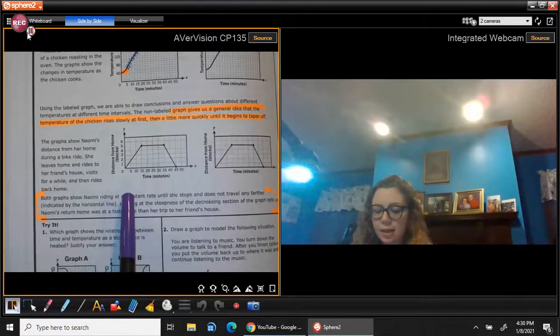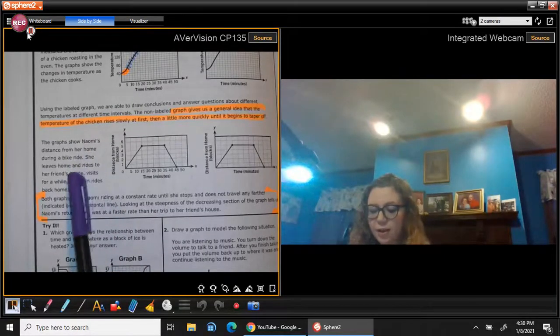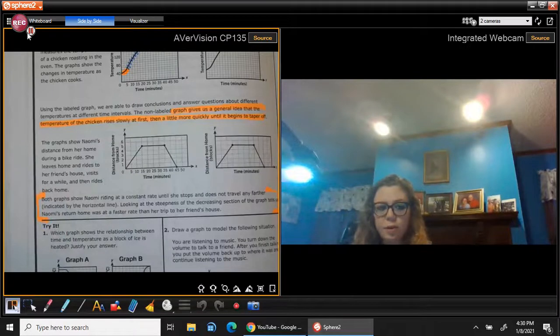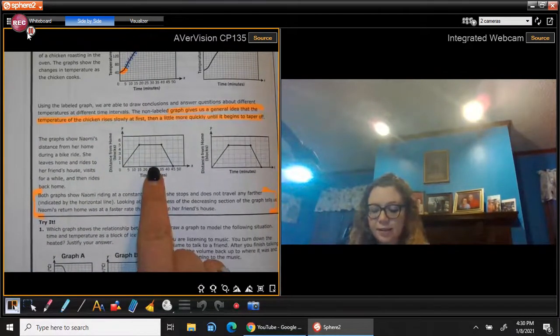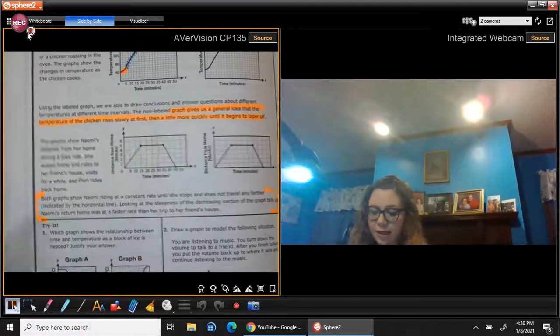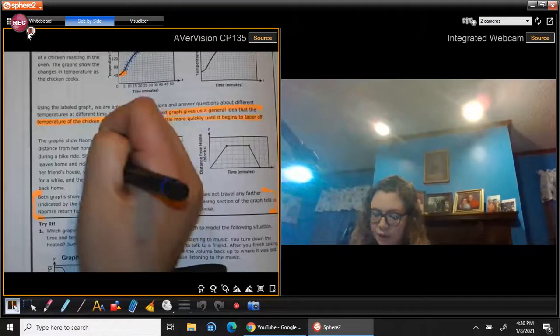So the second example: the graph shows Naomi's distance from her home during a bike ride. She leaves home and rides to her friend's house, visits for a while, and then rides back home. So we're going to map this out, look at this graph and see if we can relate it to what this is saying. It is first saying that she leaves home.